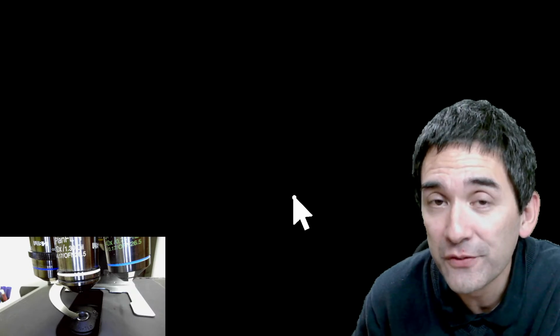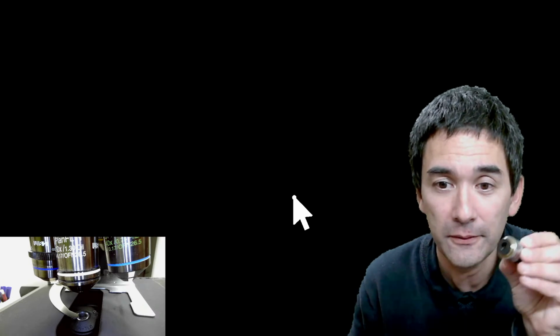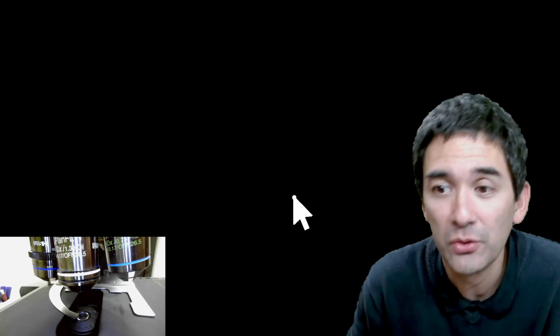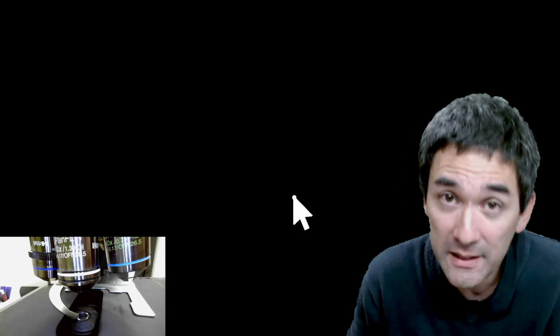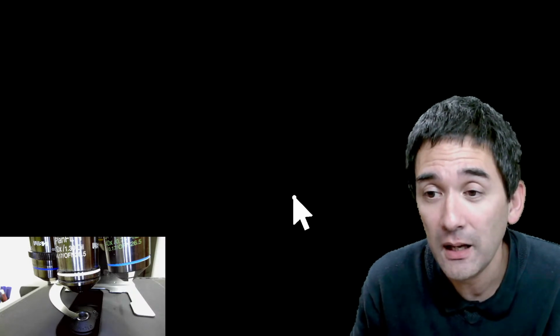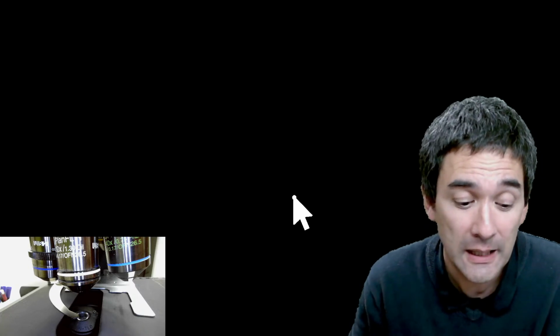You get 2,500 times by using a 100 times oil immersion objective and a 25 times eyepiece. You multiply those two, 25 times 100 gives you 2,500 times. My suggestion is to just use the 10 times eyepiece. 2,500 times is already very, very much.